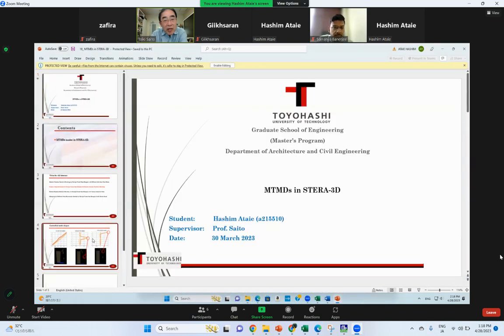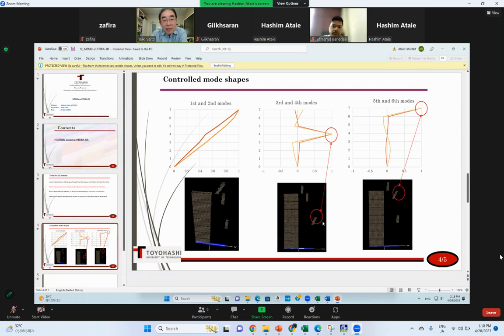But the same mass, same stiffness. So like this, and as you can see the control mode shape, because of the statement of the TMD, the last mode shape of control is wrong. And in case of displacement, this is also true.